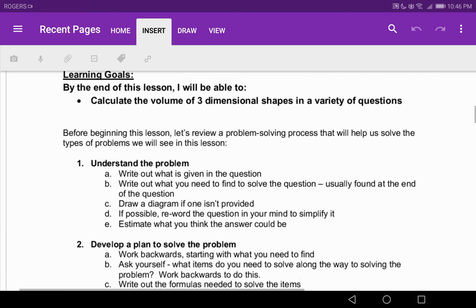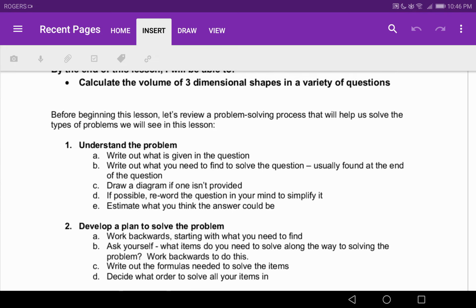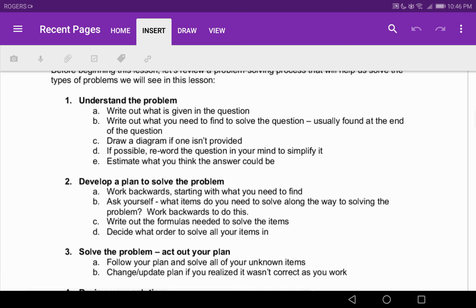All right. So before we get to any sort of problems and some real life applications, let's look at this problem solving model. Number one is you want to attempt to understand the problem. That's step one. You have to interpret what's going on in the problem. And I wrote down some ways to help you interpret.